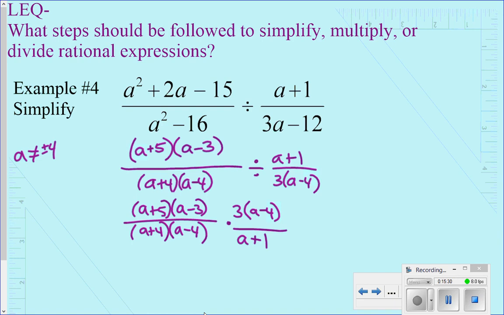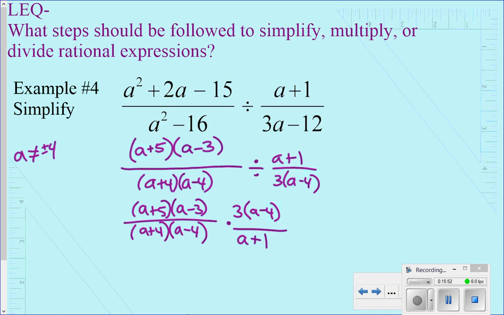And now you have to think about that. Now that we have gotten the reciprocal, now we have a denominator that we didn't have originally. So think about what that affects. If I have a different denominator, now there's another opportunity for us to have 0 in the denominator, which means we have to include that in our domain restrictions as well.